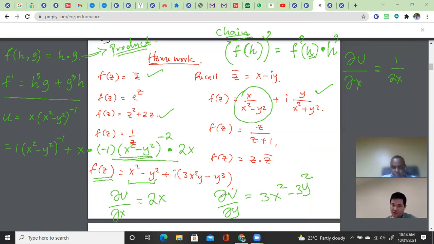Clearly, that's not analytic. They're not equal, because the two derivatives are not equal. Okay, I'll do it again.